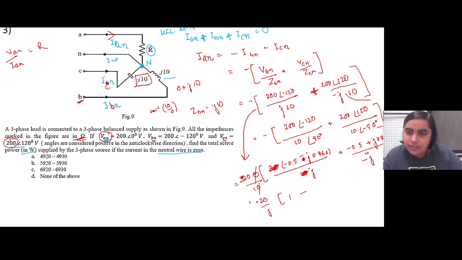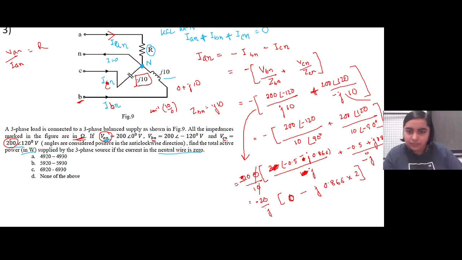This is minus 0.5 and this one will become plus because there is a negative sign in the denominator, so it will be 0. This is negative, so j 0.866 into 2, right? Because this will also become negative.